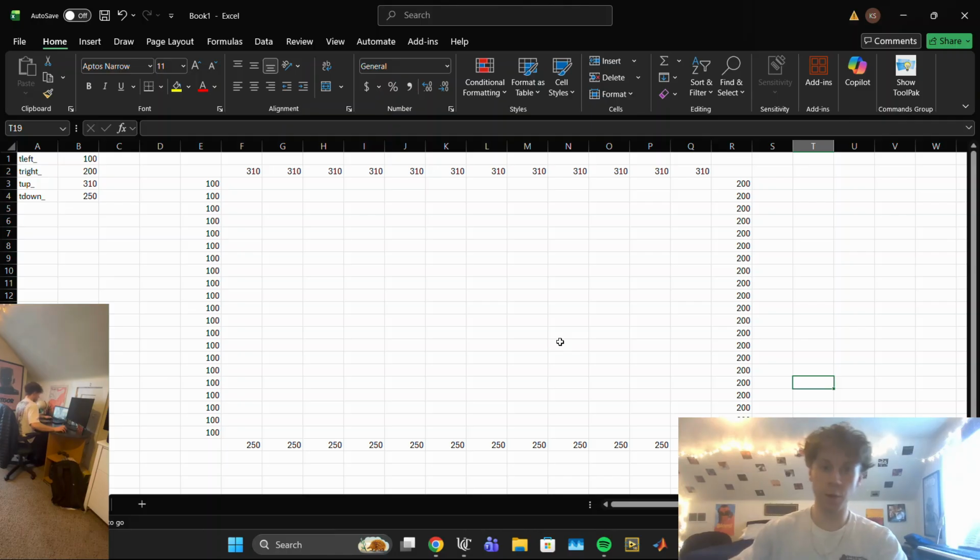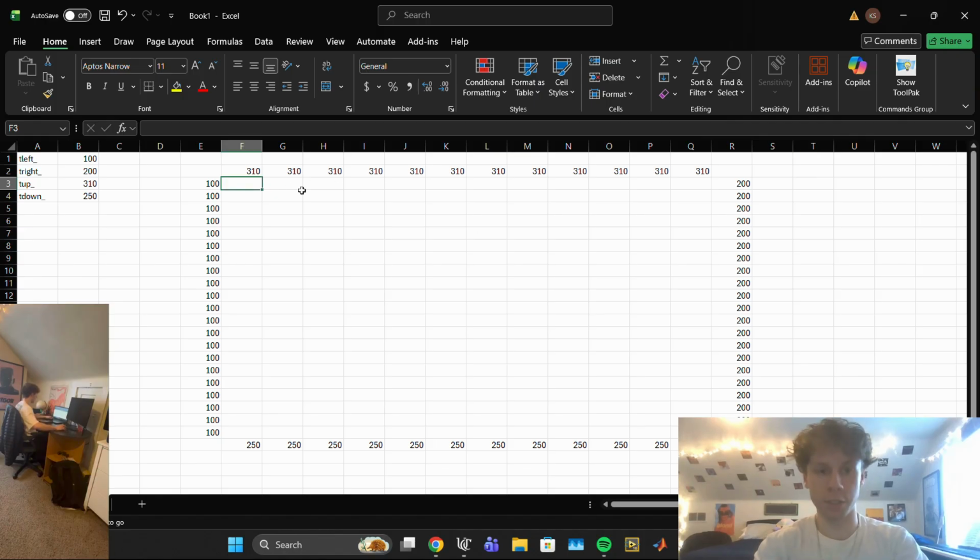So if we take this over to Excel, we'll call the top of this square 310 degrees Celsius, the bottom 250, the left side 100 degrees Celsius, and the right side 200 degrees Celsius.